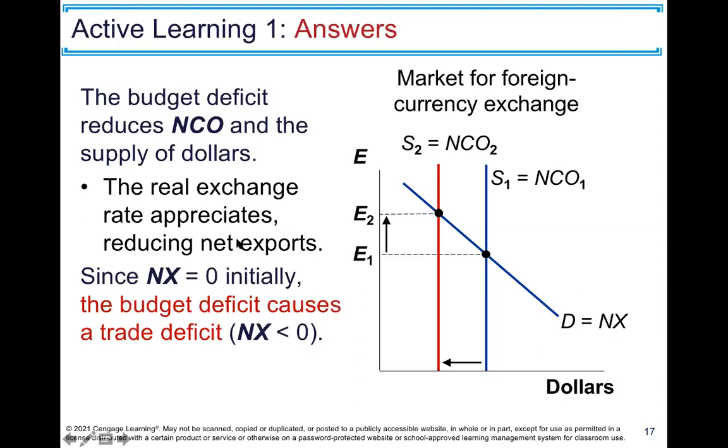Okay, so a budget deficit causes a trade deficit, because we started out with NX equals 0, and now that we've moved from here to here, we're going to have a trade deficit. We're going to have NX less than 0 because of this change in the exchange rate.